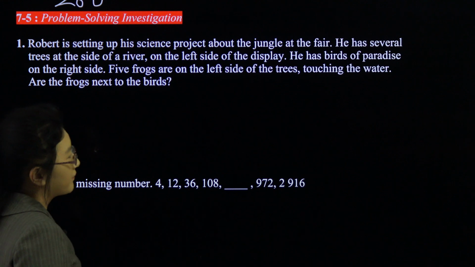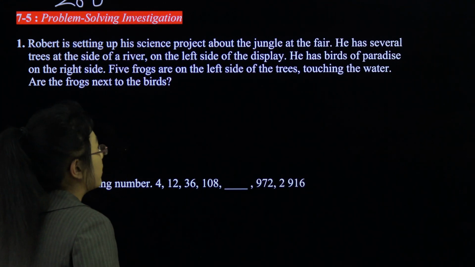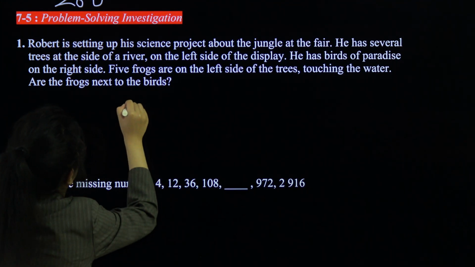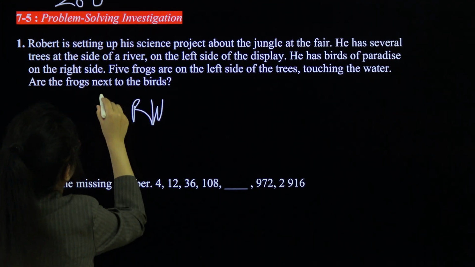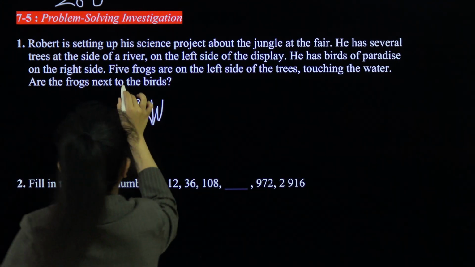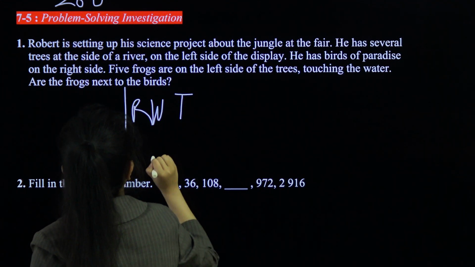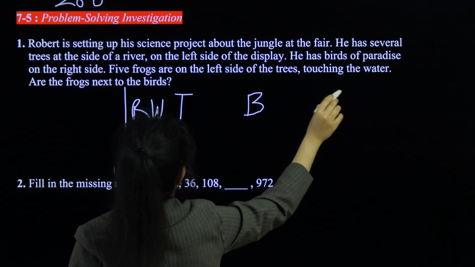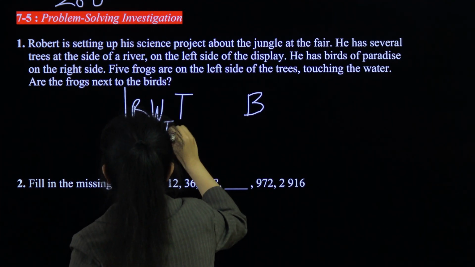You can use logical reasoning, or if you think that you're going to get confused, you could technically draw a picture, as in river, or water. River water. Trees at the side of the river on the left side of the display, so the left side is here, and then trees at the side of the river would be here, and then birds of paradise, let's just say birds, and then frogs are on the left side of the trees touching the water, so frogs is here.